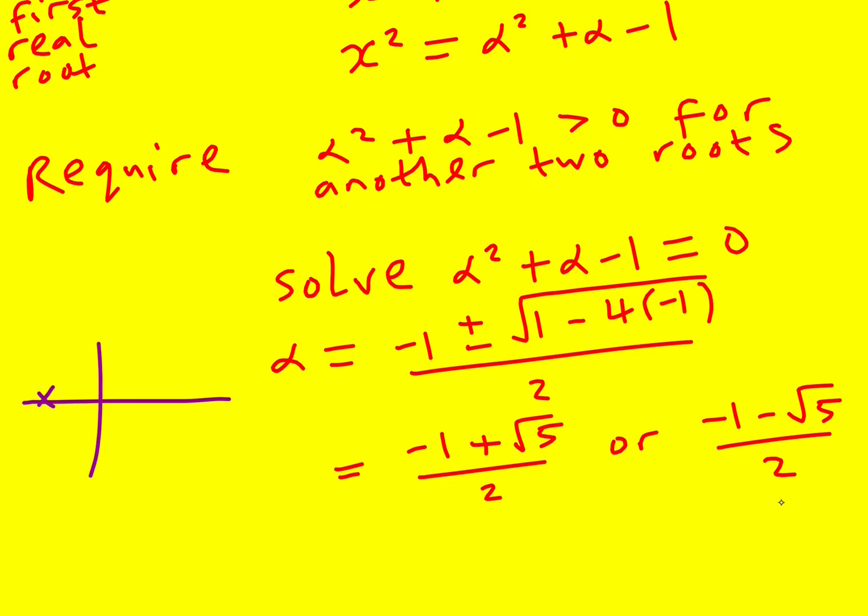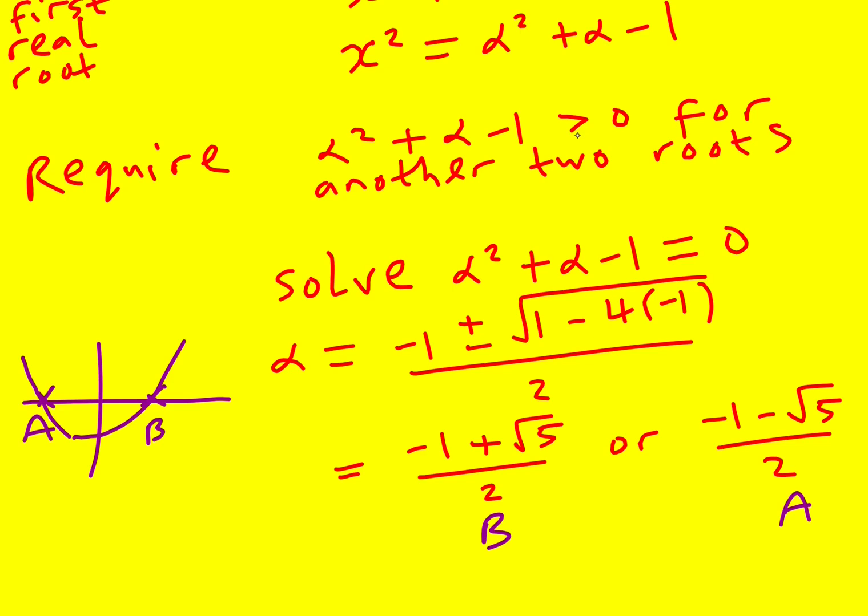Let me call this, I don't know, capital A, capital B. This one will be positive because root 5 is bigger than 1. It's a positive quadratic. Not entirely sure, sorry, about the symmetry and so on, but that's what it's going to look like.